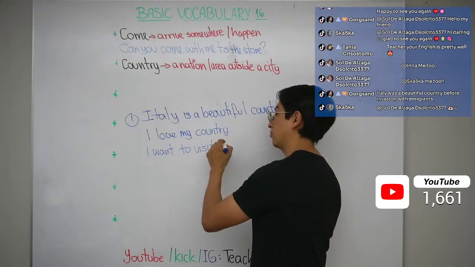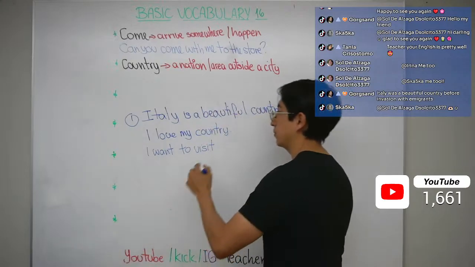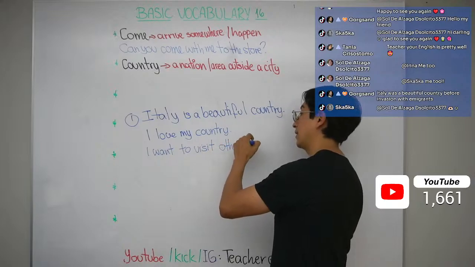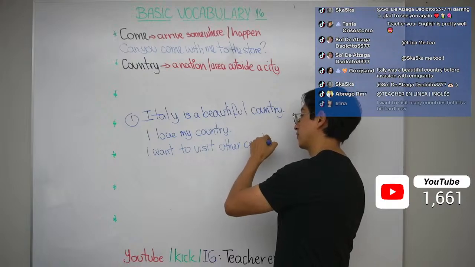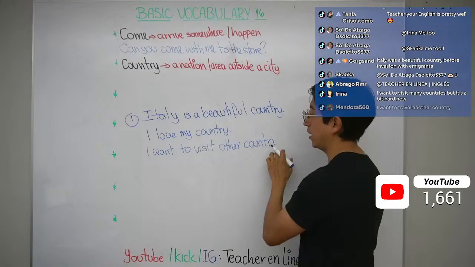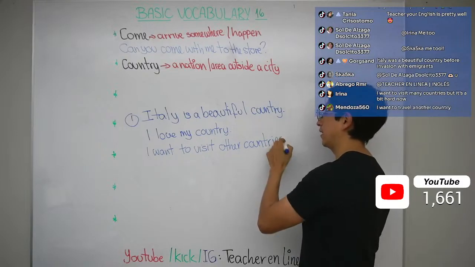Singular form, country, plural form. I want to visit other countries. Okay, we change the letter Y with the letter I here, IES.